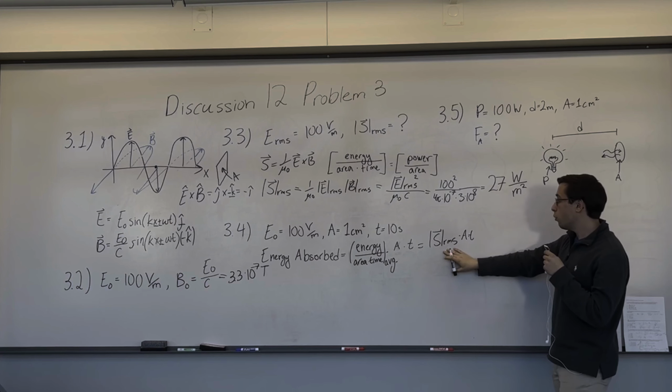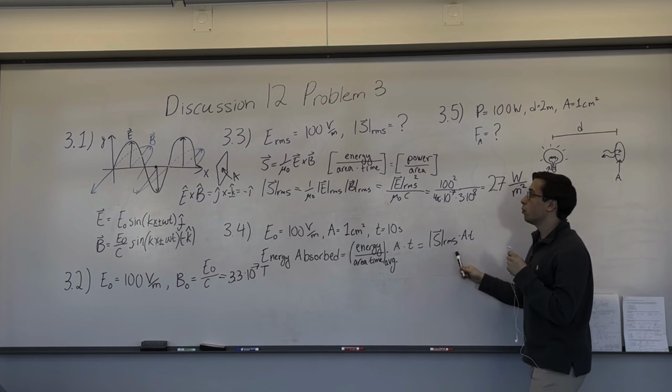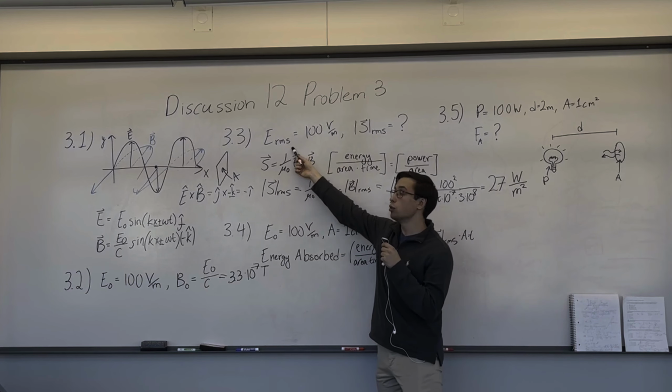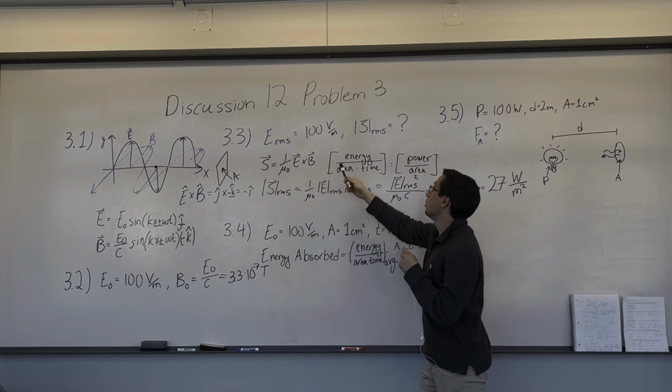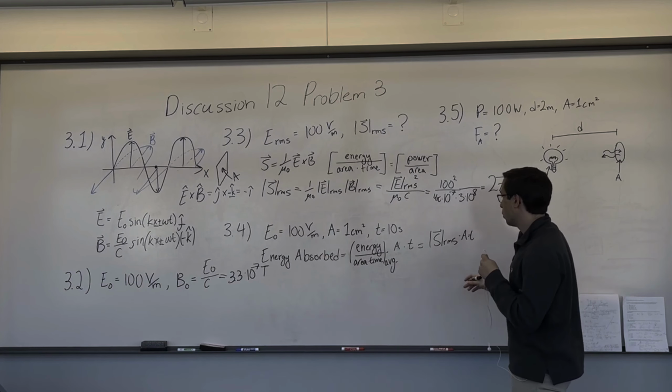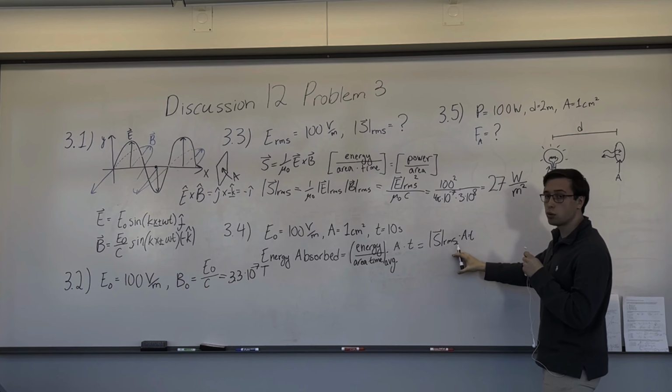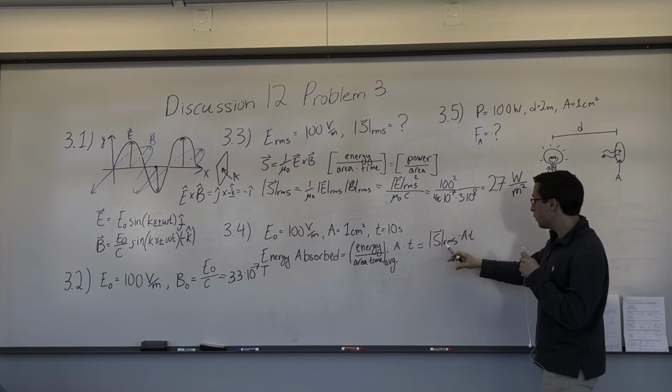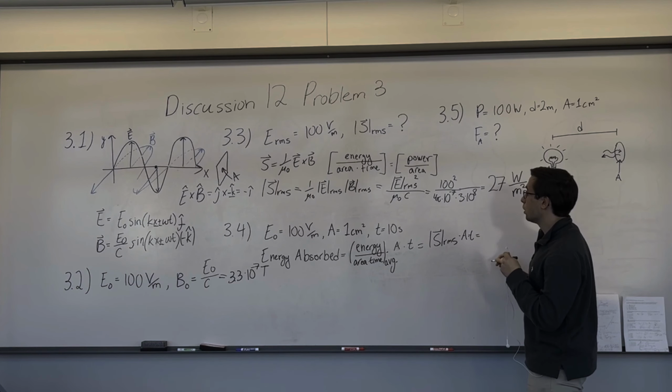Okay, now we have our expression that we're looking for. And now, before we were given our root mean square electric field. And so now we're given our electric field amplitude. So we're going to find this root mean square intensity a little differently here.